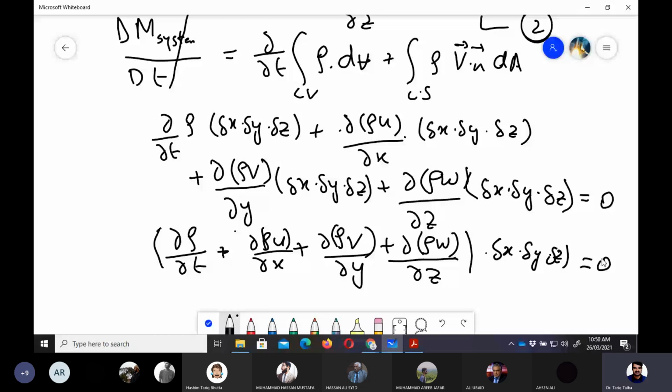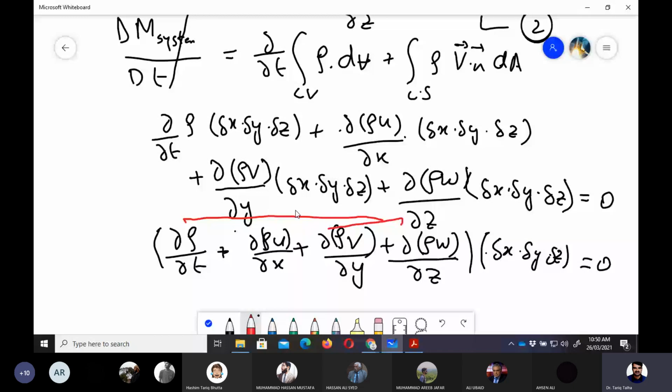Okay, so now we have got two terms. One is this first term, which consists of four terms, and the second term is the volume. So now we have a situation where A into B is equal to 0. This whole term is A, and this is the B term, which is volume.